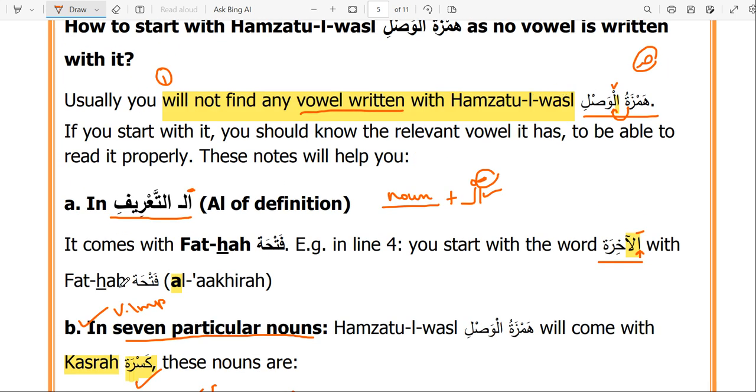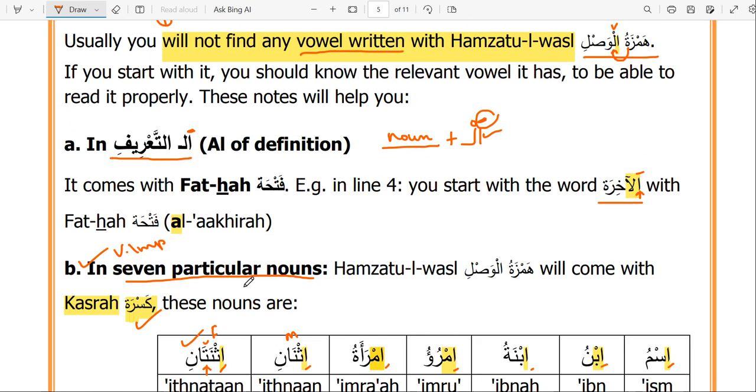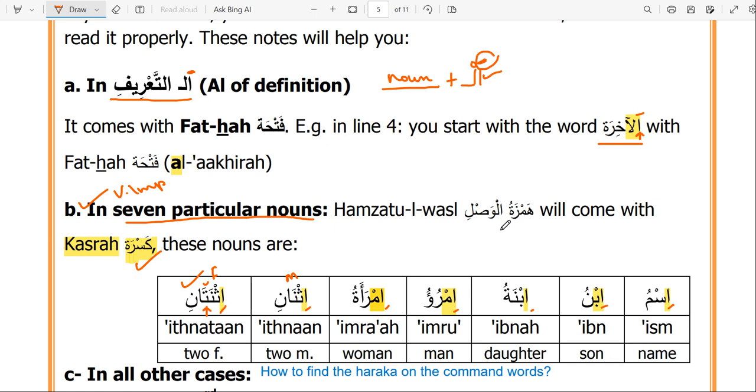There are 7 particular nouns, some with the fatha and some with the dhamma, for example. So how will you know the harakas? So now you know the hamzatul wasl that starts with kasra. These are the 7 nouns, and they will never change. They will always start with kasra.